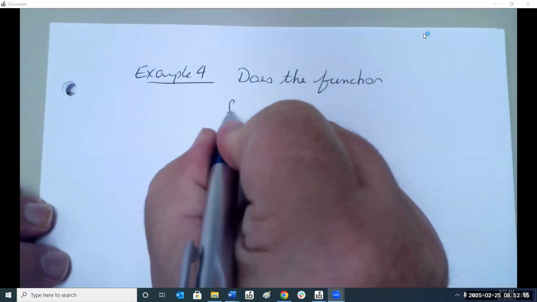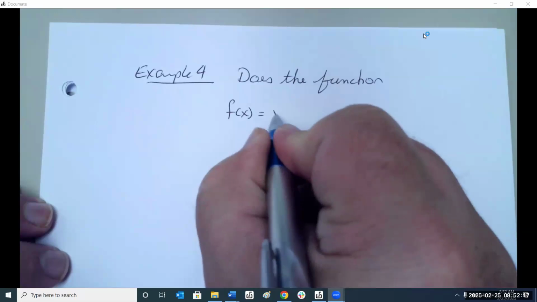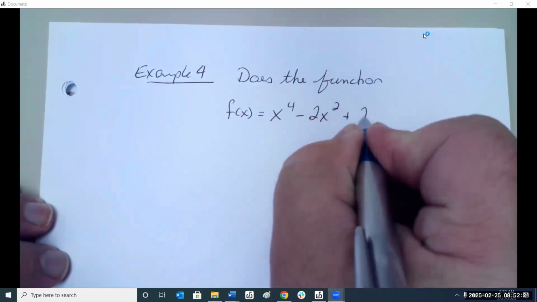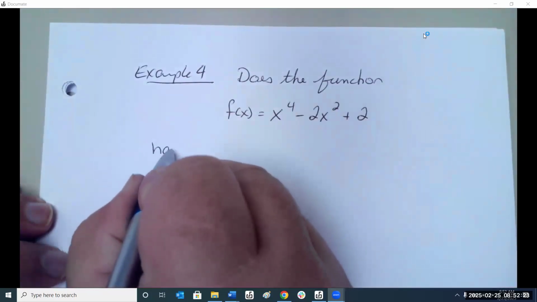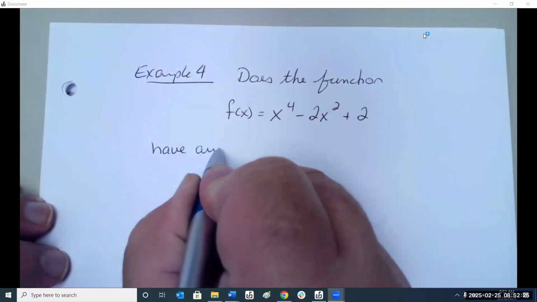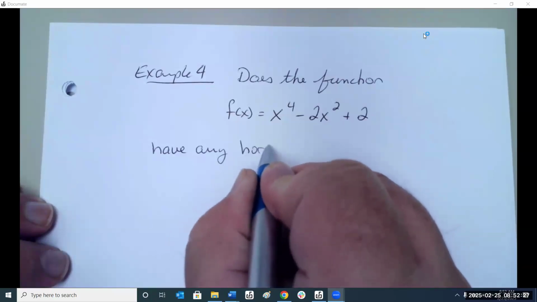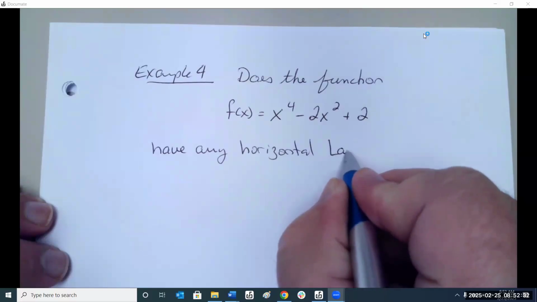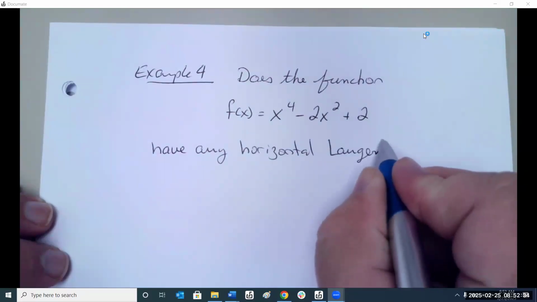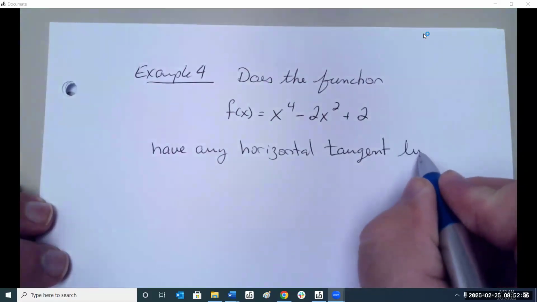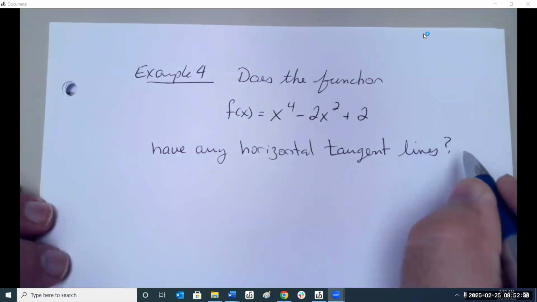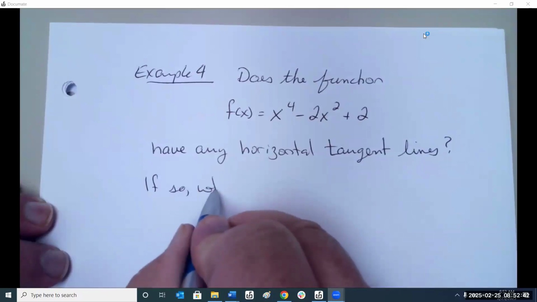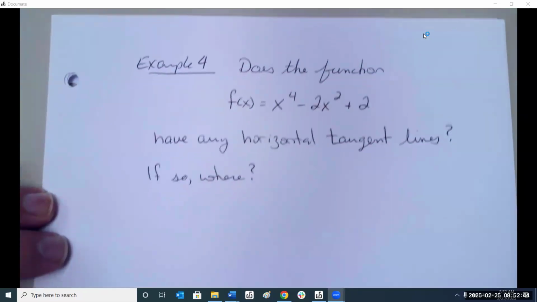Does the function f of x equals x to the fourth minus 2x squared plus 2 have any horizontal tangent lines? If so, where?